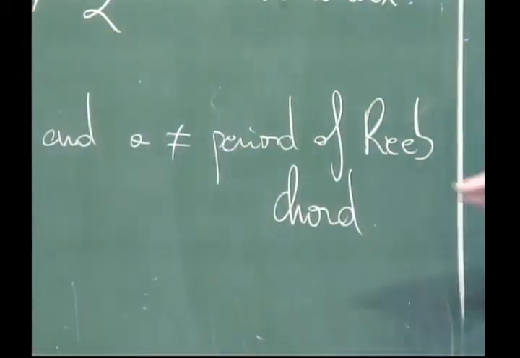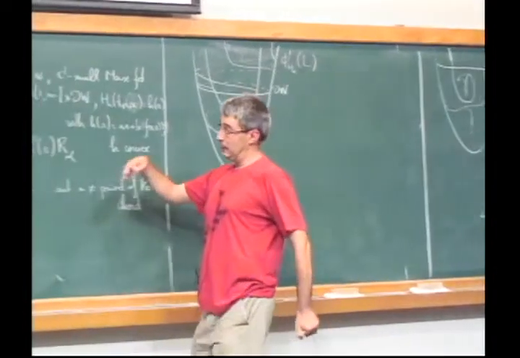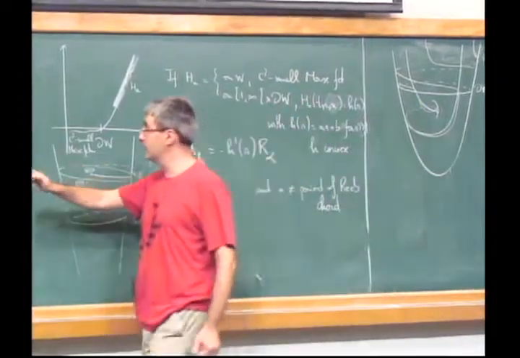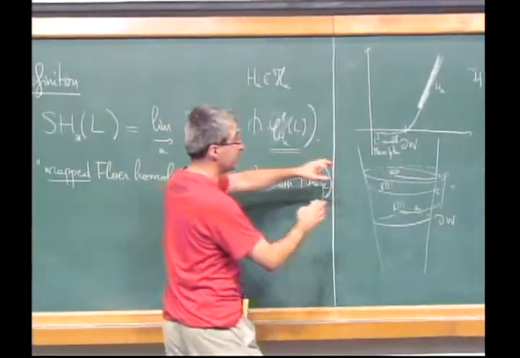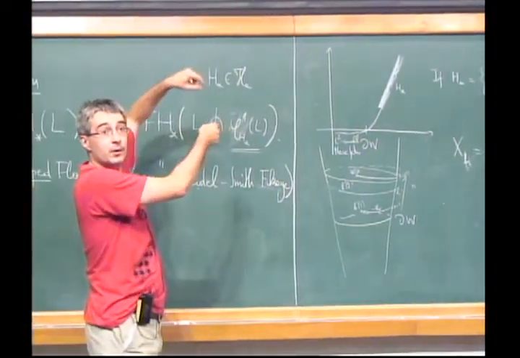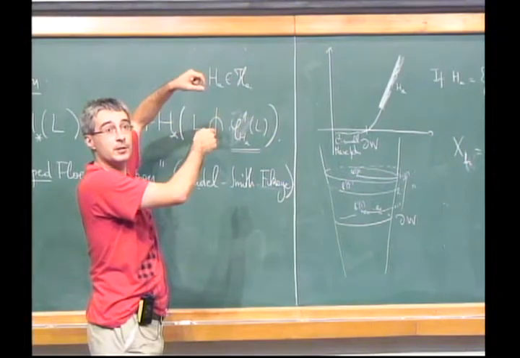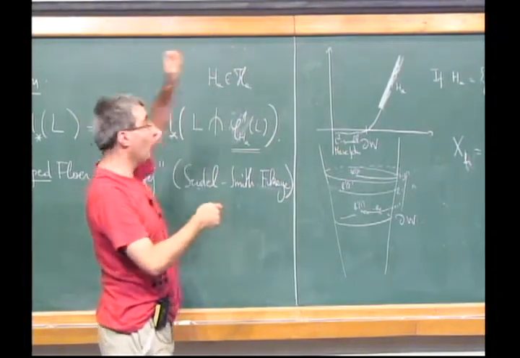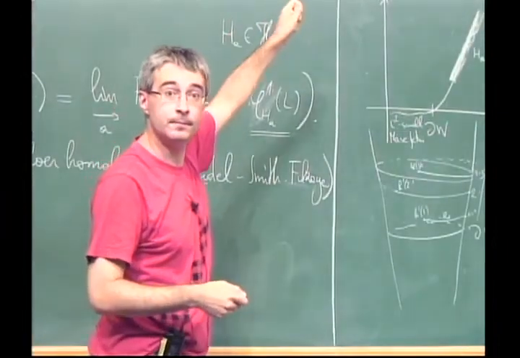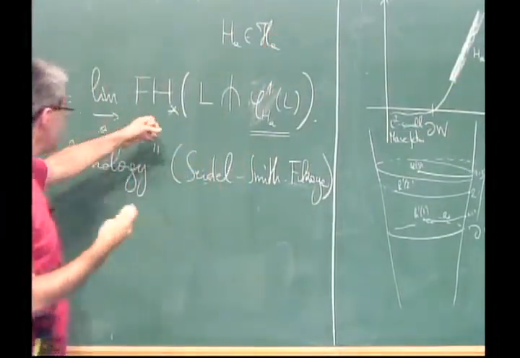So if A is different from the period of the Reeb chord, I don't have intersection points at infinity, and I will see in this complex something which is related to the topology of L, in the interior of W, where I have made a tiny deformation, and then as generators, all the Reeb chords up to period A. So it's good. It's exactly what we want.